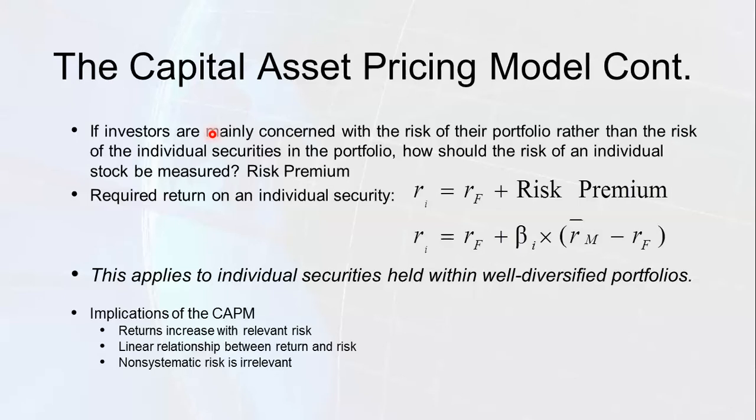Modern portfolio theory already finds that when investors hold a well-diversified portfolio, unsystematic risk is eliminated, so only systematic risk is left over. Modern portfolio theory still uses standard deviation to measure risk, and CAPM came up with a new idea: if investors hold a well-diversified portfolio, then non-systematic risk is eliminated and only systematic risk is left over.